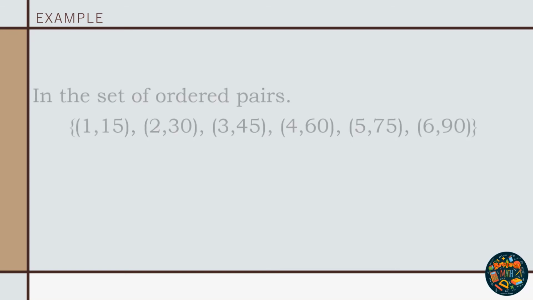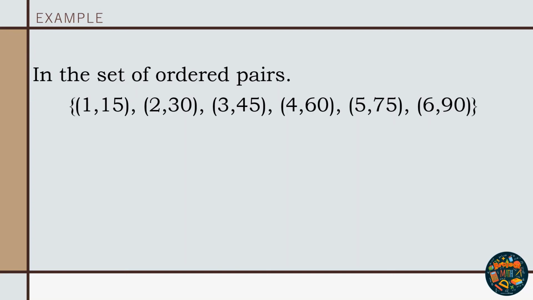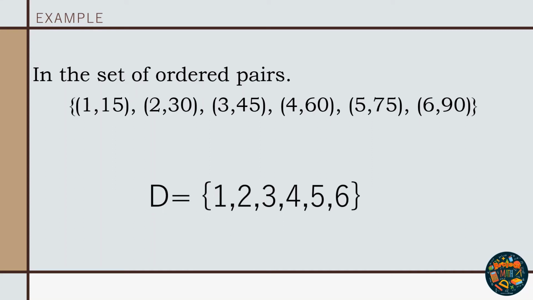Now, what if we have the set of ordered pairs? So, we have (1, 15), (2, 30), (3, 45), (4, 60), (5, 75), (6, 90). List down the domain. Kung mapapansin natin, ang domain ay 1, 2, 3, 4, 5, and 6. And there is no repetition.